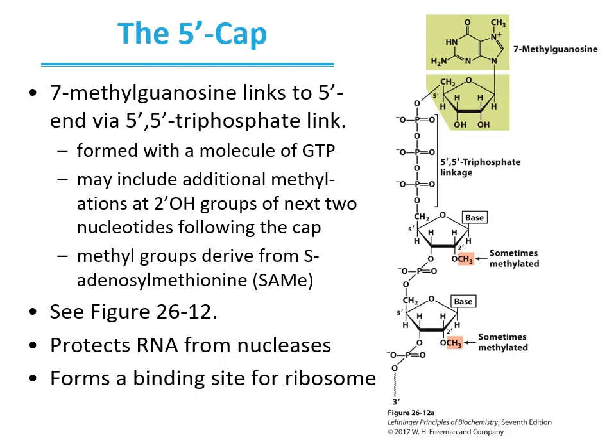RNA in yeast cells lacks the 2' methyl groups. The 2' methyl group on the second nucleotide is generally found only in RNAs from vertebrate cells. The 5' cap protects RNA from nucleases and forms a binding site for ribosomes.